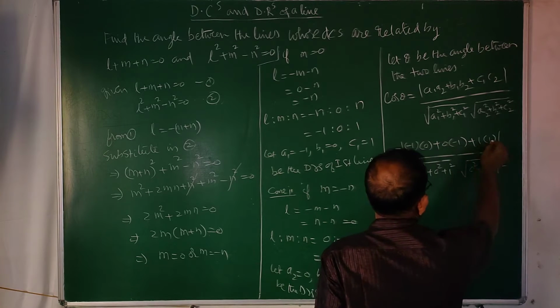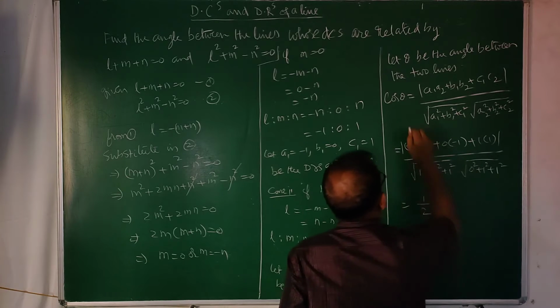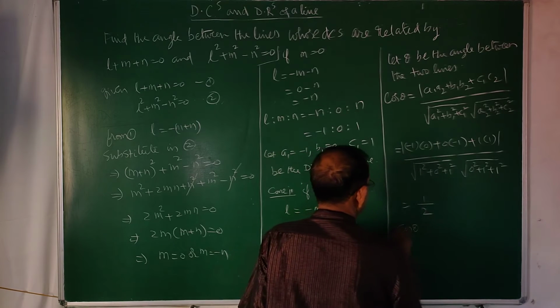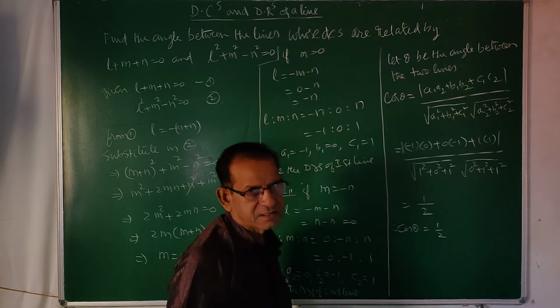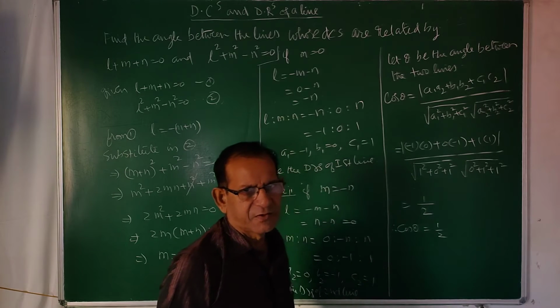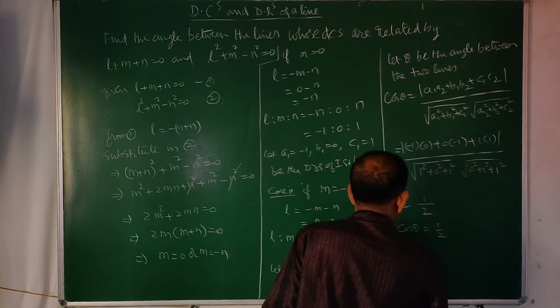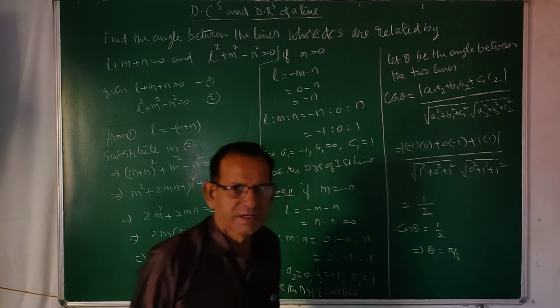So these two are zeros, 1 by root 2 into root 2, that is 2. Cos theta is 1 by 2. So what is that angle theta now? It must be 60 degrees. If you express it in radians, it is equal to pi by 3. That implies theta is equal to pi by 3. That is the angle between the two lines.